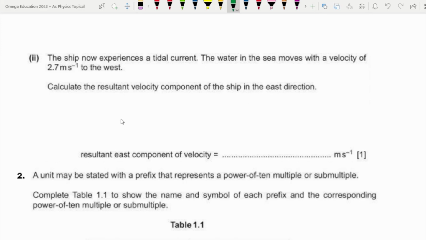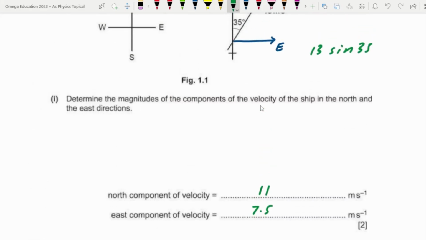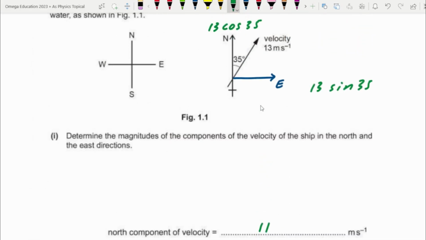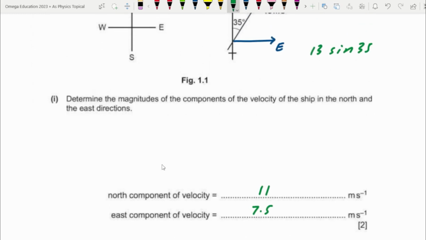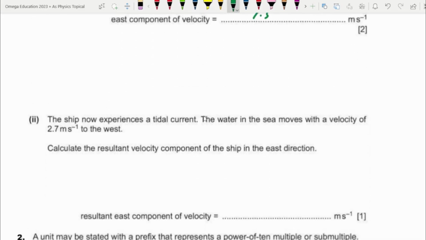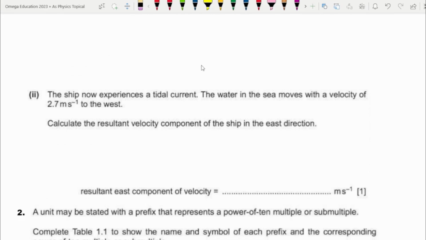Previously the component of the vector towards east was 7.5. Okay, we calculated it already. It was there in this direction, east. The vector was 7.5 meter per second.